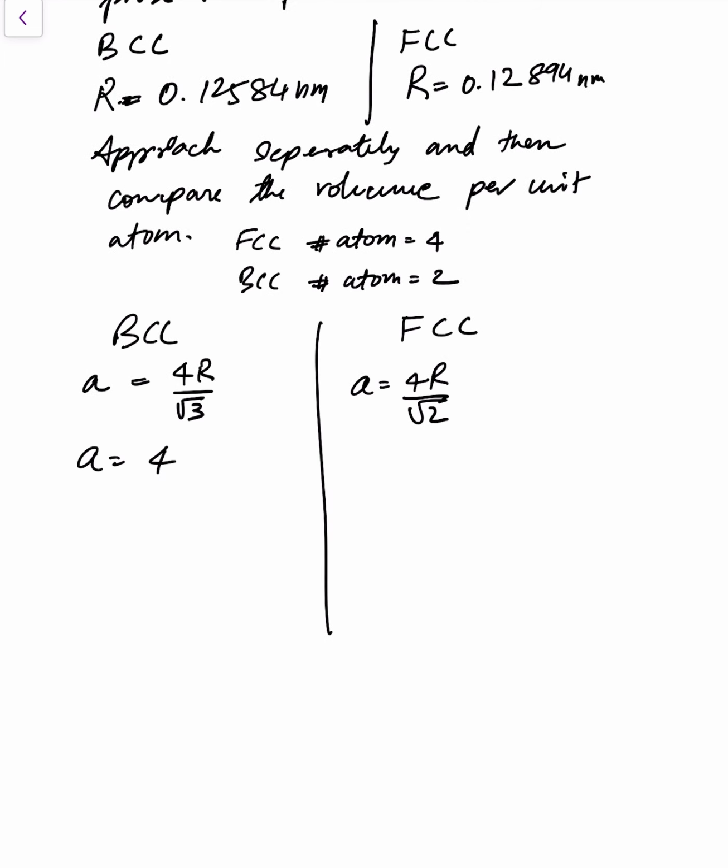And so that is equal to 4 times R for BCC iron, which is 0.12584, divided by square root of 3. And that is going to give us the value of a, which is equal to 0.2906 nanometers. Okay.